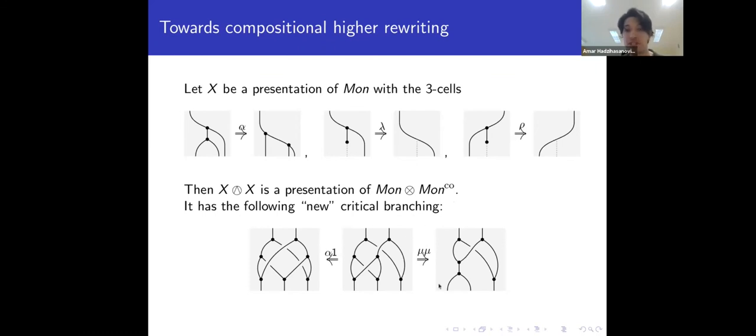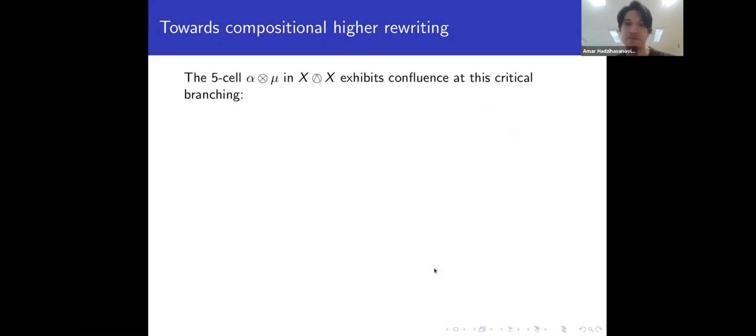For example, we have this new critical branching, where here we can either do an associativity move or we can do a bialgebra move. But now in this mesh product, we're also going to have a 5-cell given by this associator 3-cell and the multiplication 2-cell.